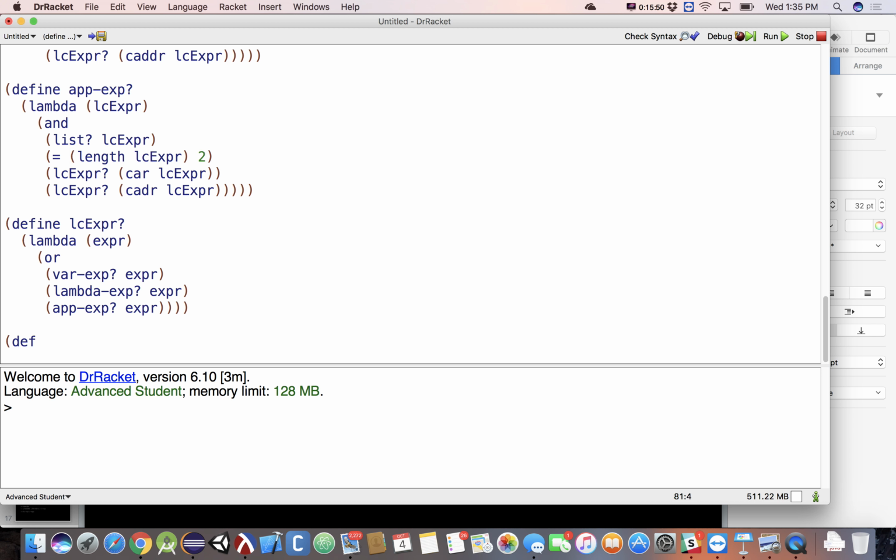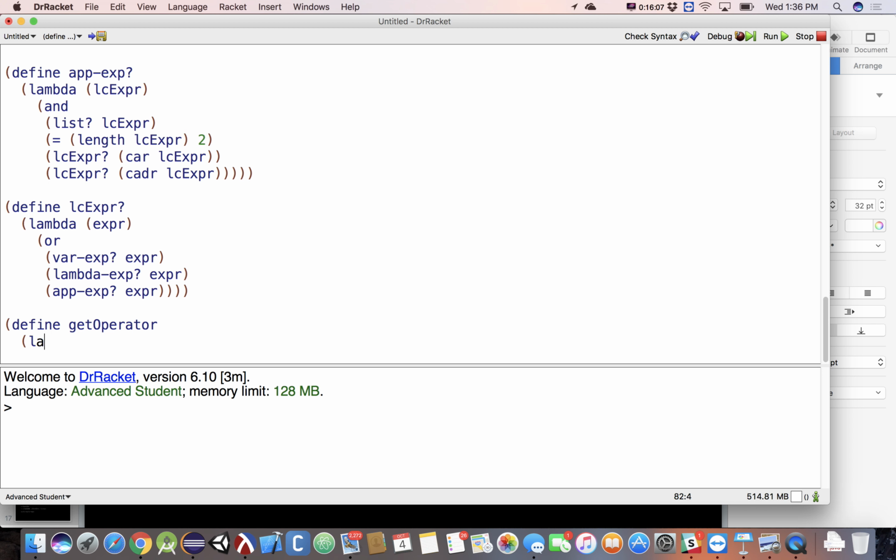So we wanted an observer for define, what do we call it? We can call it a get operator. And this guy will be a lambda that takes in an expression.